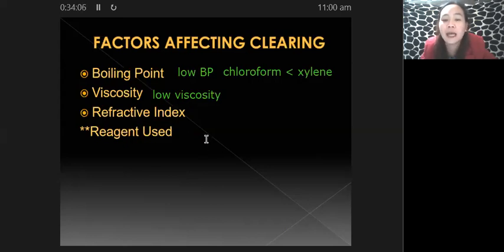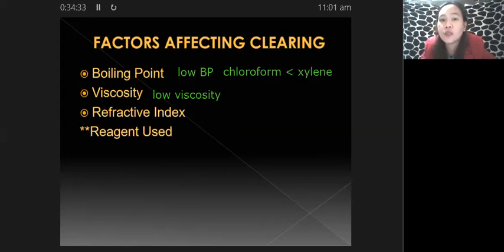And of course, depending upon the reagent that you're going to use, this will also affect the infiltration process, which is the next step after your clearing. Again, just like what I have mentioned a while back, some reagents are actually harder to replace by whatever infiltrating medium you're going to use later on.